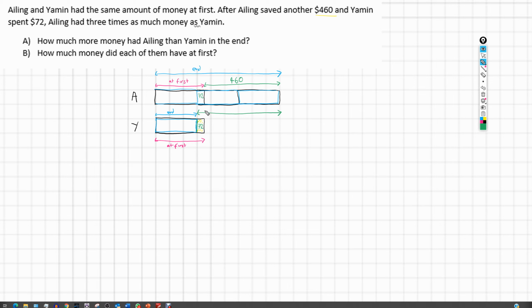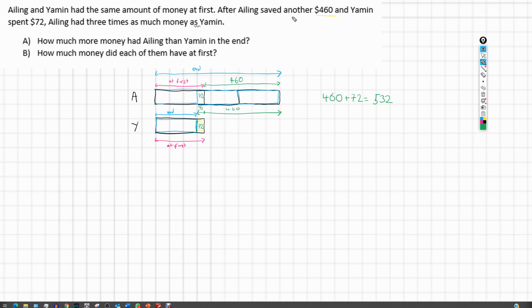So we know that this bit is 72, okay, and this bit is 460. Okay, so 460 add 72, which gives us 532, is the value of these two blocks, this difference here.